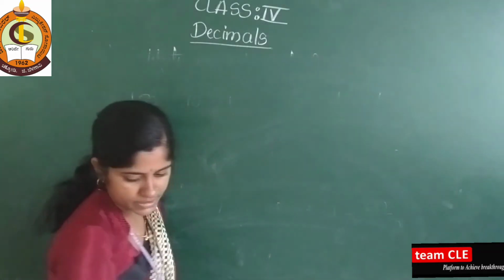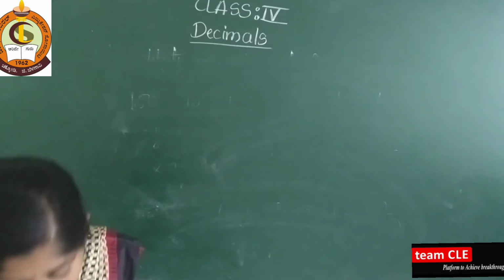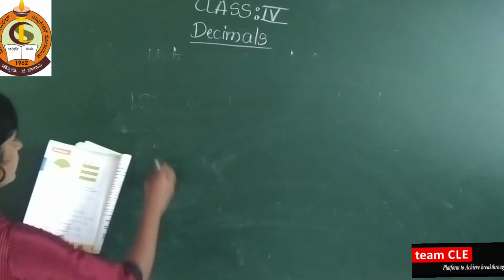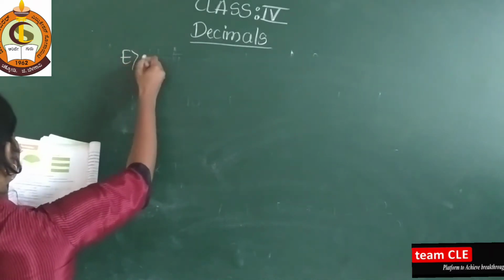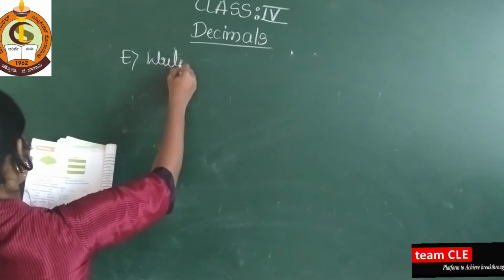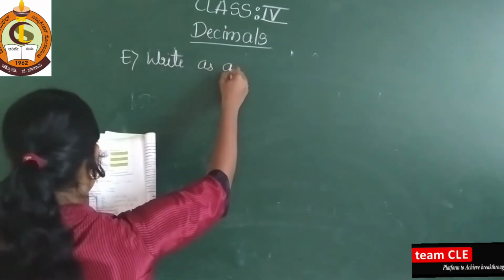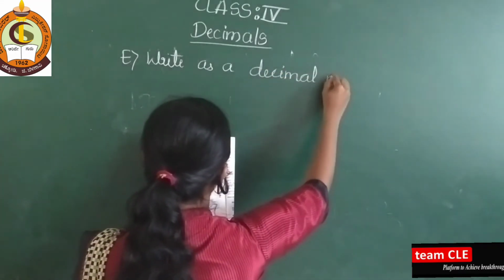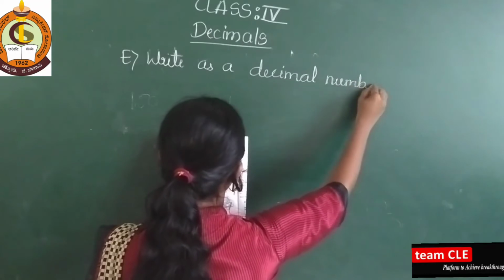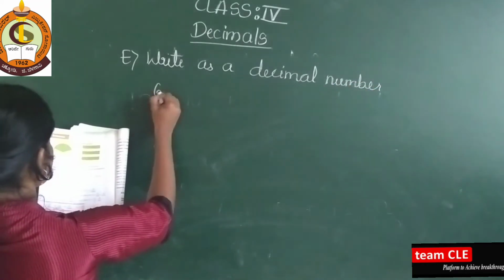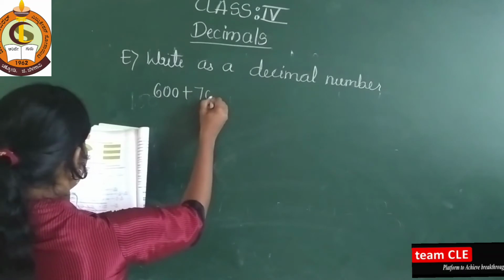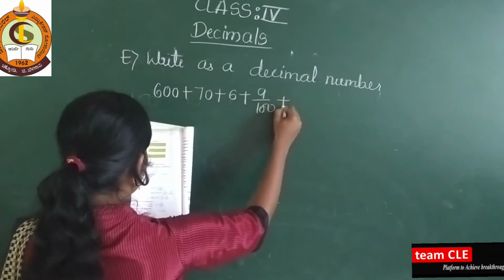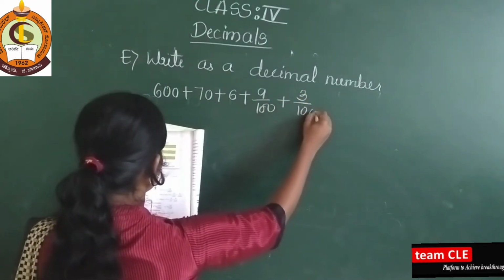Next, I will take some examples from the evaluate part. Write as a decimal number. Example 1: 600 plus 70 plus 6 plus 9 by 100 plus 3 by 1000.